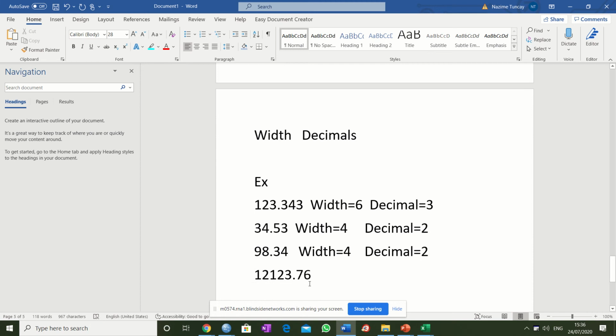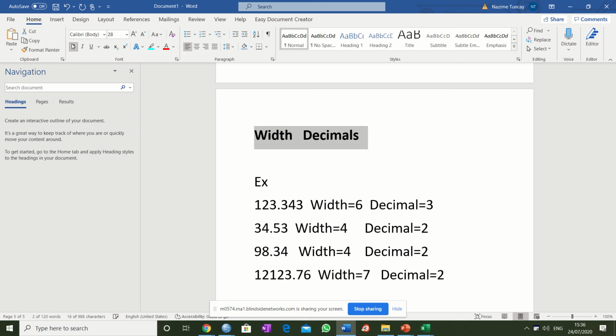Let us look here. Let us count how many numbers we have: 5 and 2, 7. Width is 7 and decimal is 2. This is how we count and how we define variables in SPSS.